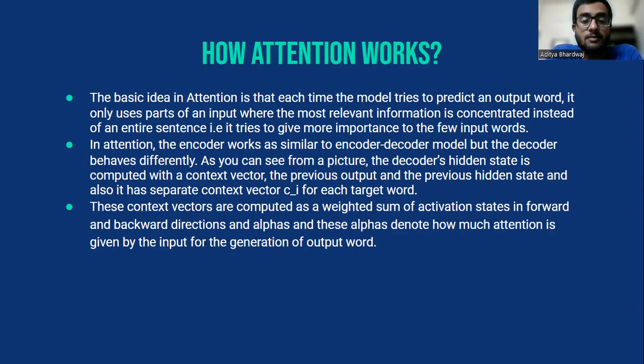The context vectors are computed as a weighted sum of activation states in forward and backward directions and alphas, and these alphas denote how much attention is given by the input for the generation of output word.